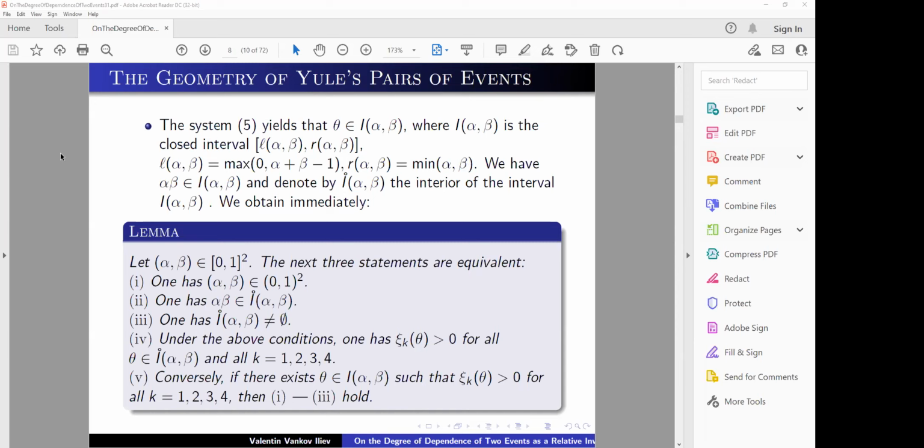So we have that the product alpha beta is in this interval, and we denote by this the interior of the interval I_alpha_beta.